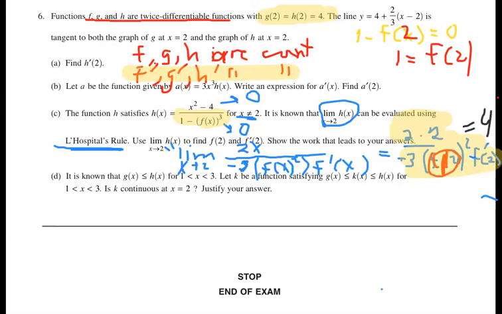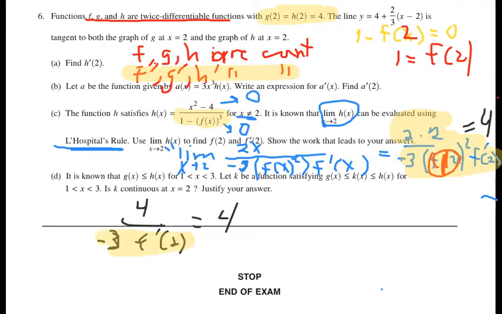So when we do that, 2 times 2 is 4 in the numerator there, and then we got -3, and then 1 squared is still 1, and I got that times f prime of 2, and that equals 4. So I'm going to take the entire denominator, this entire thing right here, and I'm going to multiply it over to the other side.